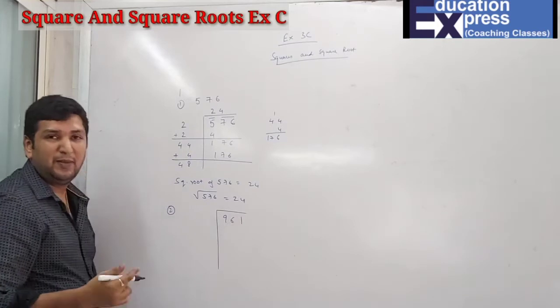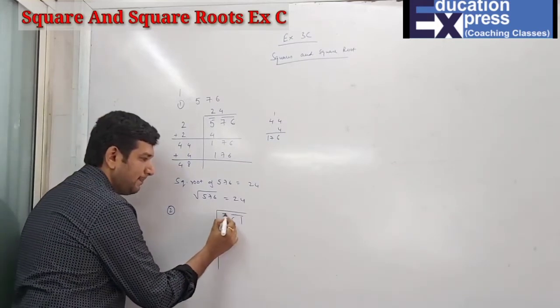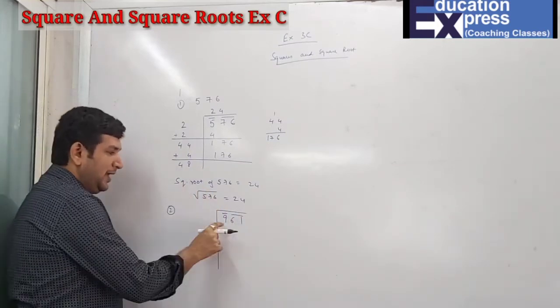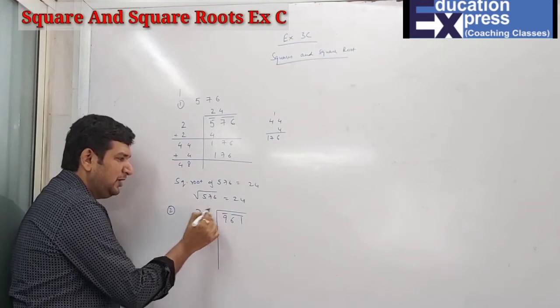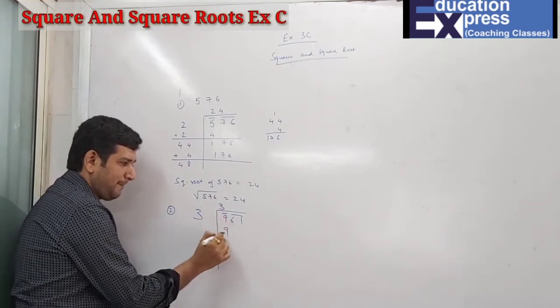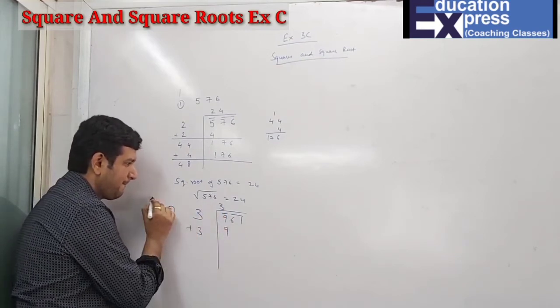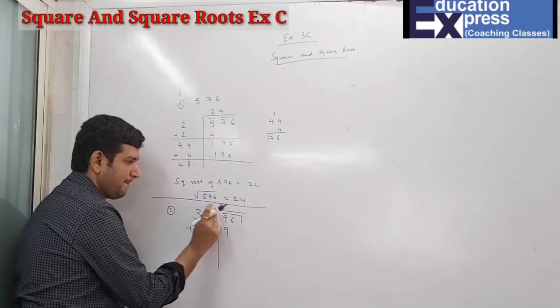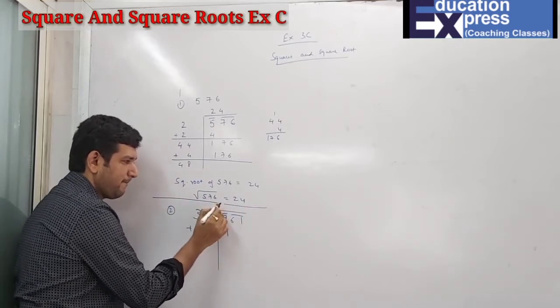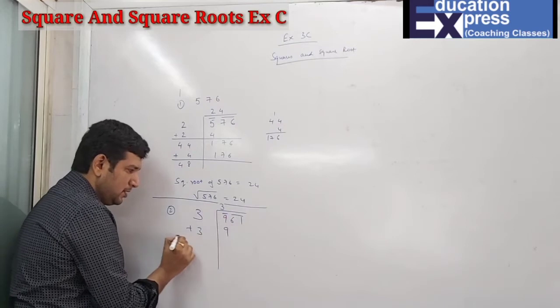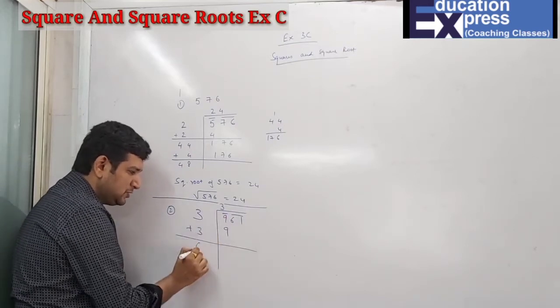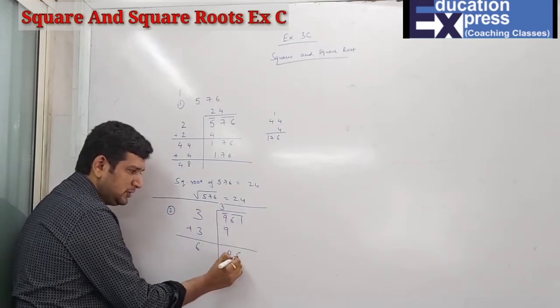From where to start making a pair? Now 9. So obviously 9 ka to we have square only 3 3s are 9. So what I multiplied, I have added also, 6 0 6 1.